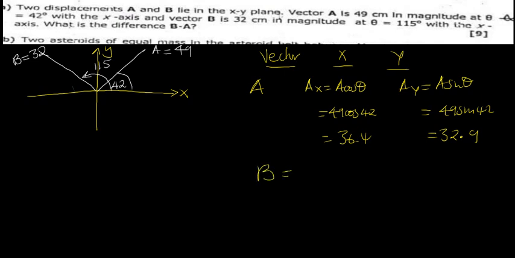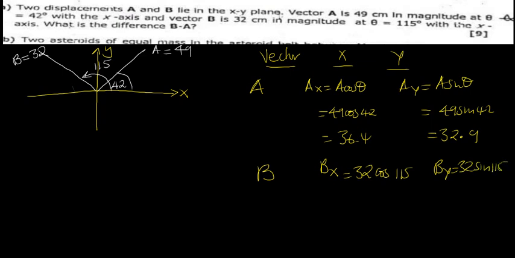So for B, Bx, I'm not even going to write a formula because we know it's the x component. The magnitude of B is 32, and then cos of the angle, which is 115. And then By is going to be 32 sin 115.